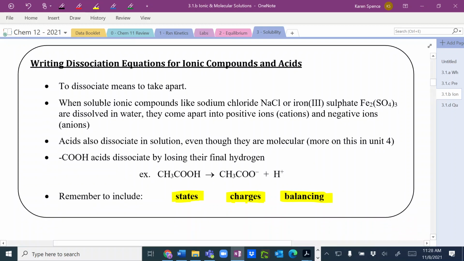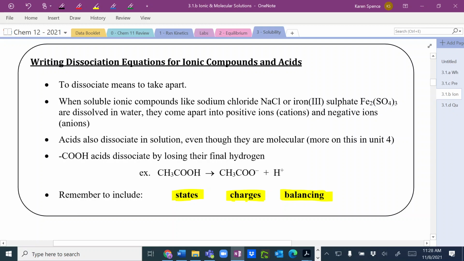There is one that's a little bit tricky, and that is if you have a COOH acid, and it is the hydrogen at the end that comes off. Okay? So all the front part will be the anion, and then that H at the end comes off, if it's a COOH acid.